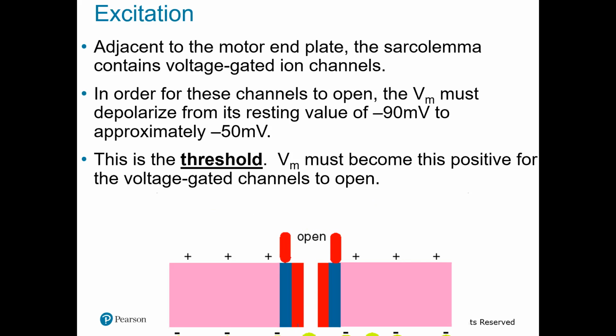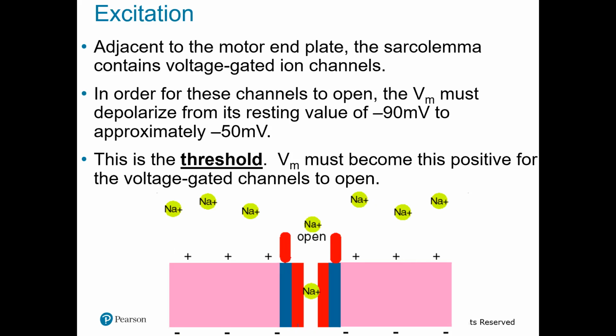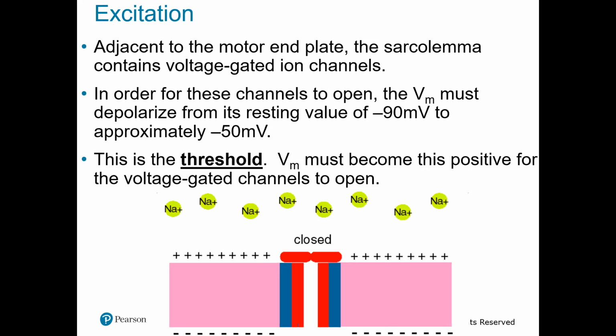In the animation, we see the gate is closed at minus 90. It opens when we hit threshold, at minus 50. These voltage gates are on either side of the motor end plate. The sodium gates at the motor end plate are chemical gates.